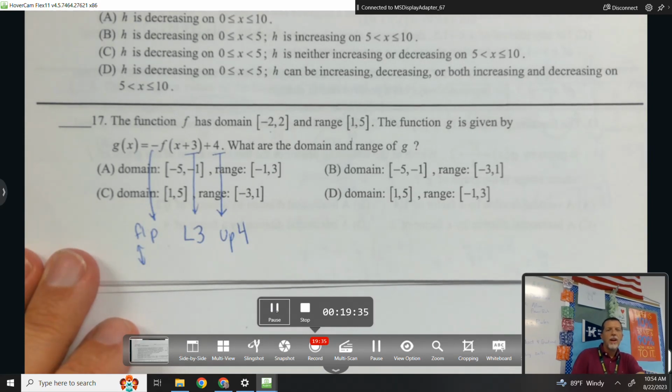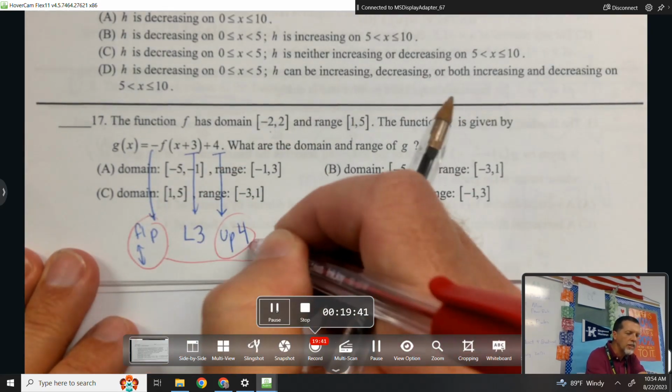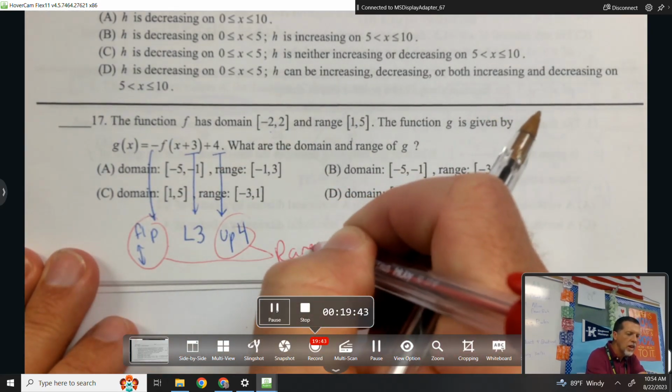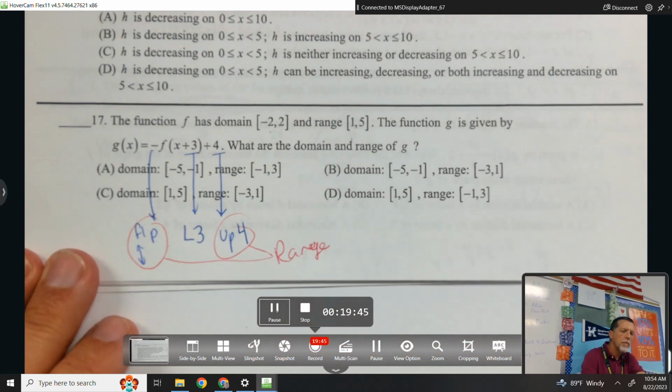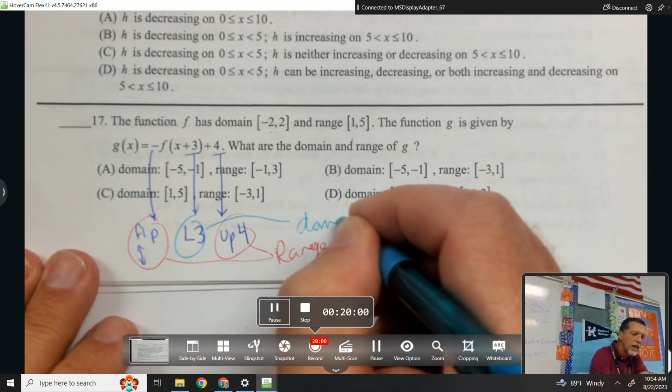The up and down and the flip are going to affect the range. We'll have to flip it and then move it up 4. I think the easier one to handle would be this left 3, because that would affect the domain.